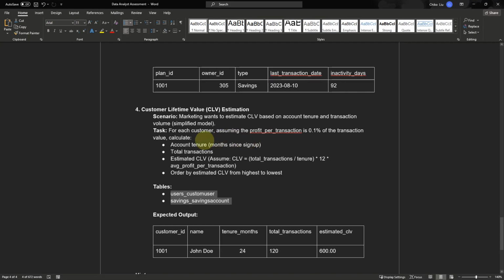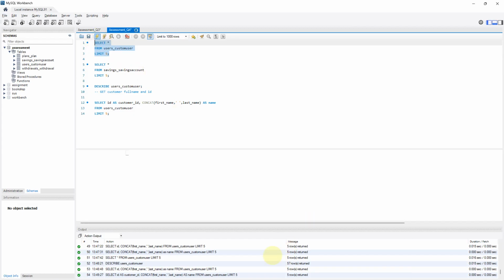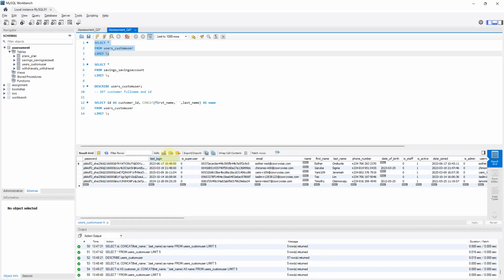The next thing is to do the account tenure since sign up. So let me look at this again. I would see the dates the client signed up, not last login. There is date joined. So this is the date joined. Now it will be date joined compared to the current date or the last date, no, the maximum transaction date. So what do I mean?